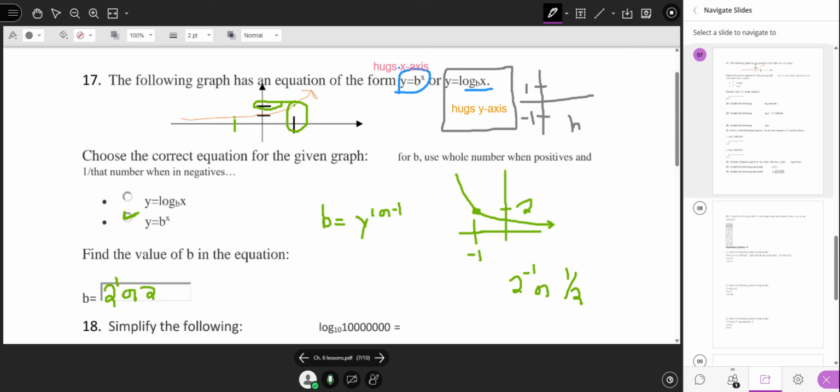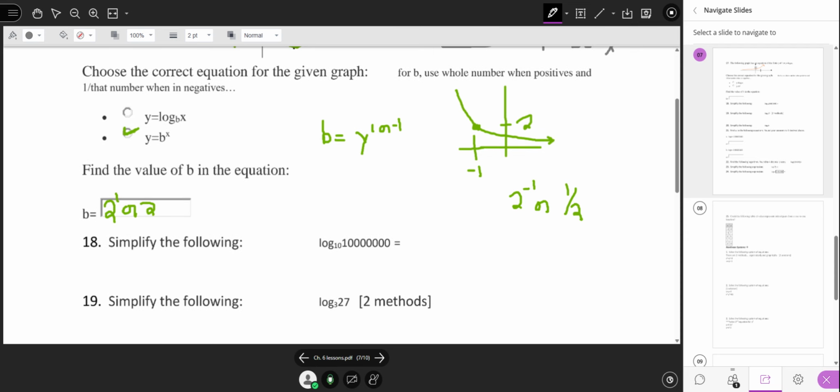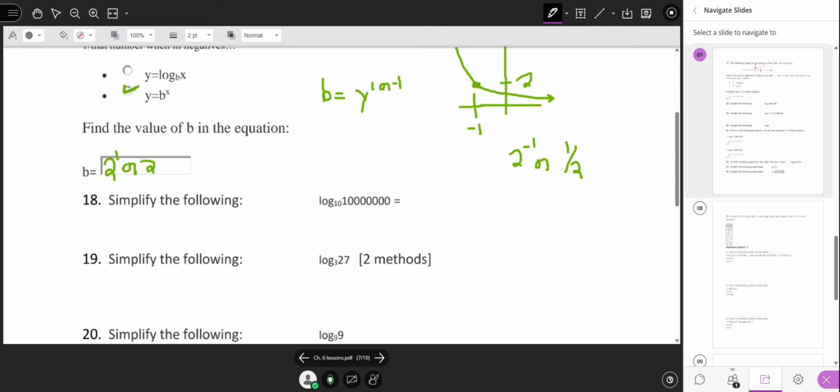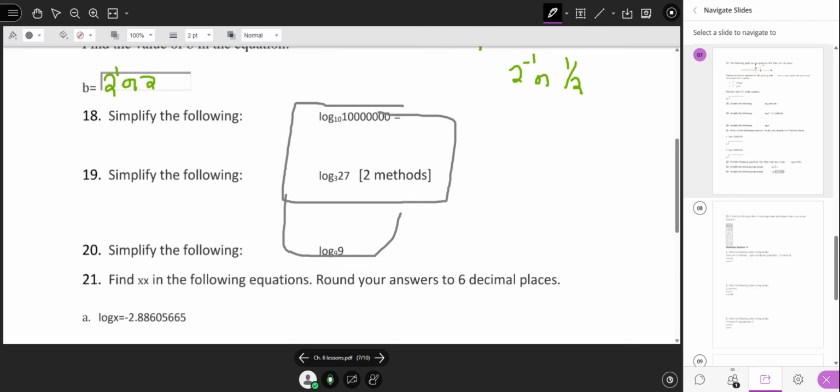So your b would be at the x at 1 or -1. Here you're just going to put these straight into Desmos. All of these. Put them straight into Desmos.